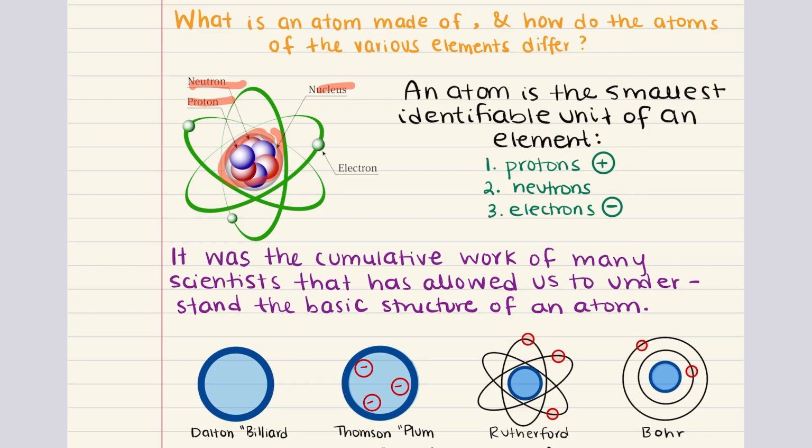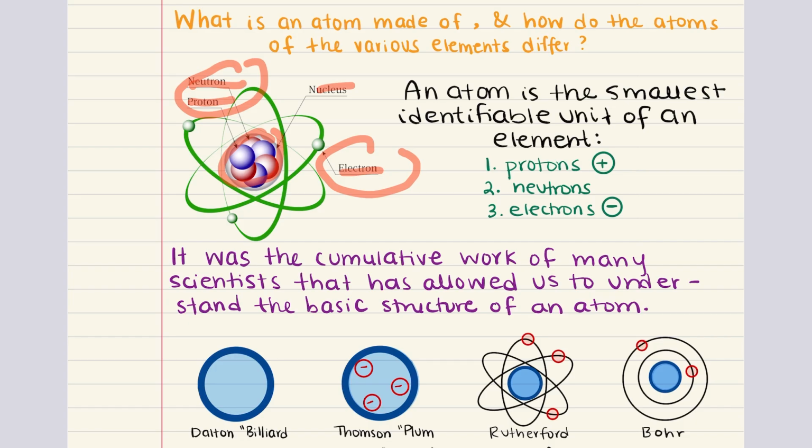Surrounding the nucleus are negatively charged electrons, which occupy vast regions of space compared to the size of the nucleus itself. Together, the protons and neutrons determine the mass of the atom, while the electrons, with their arrangement and movement, define the atom's chemical properties and its reactivity.